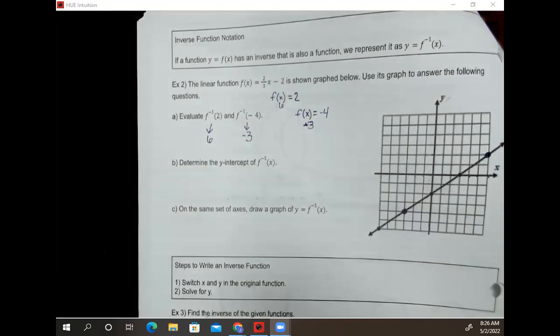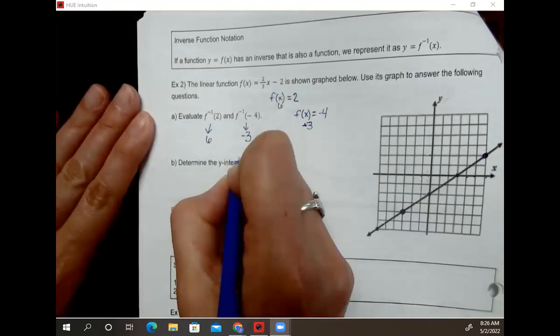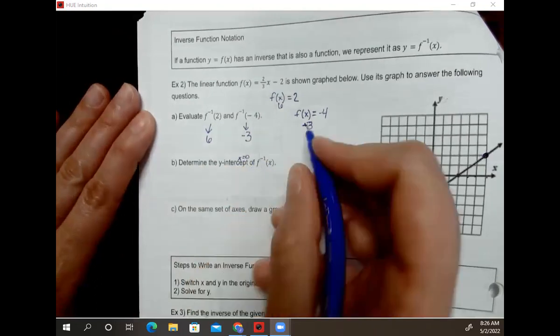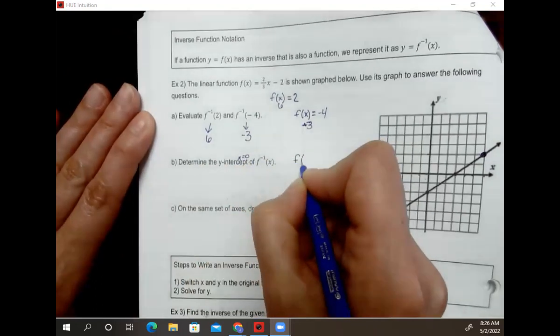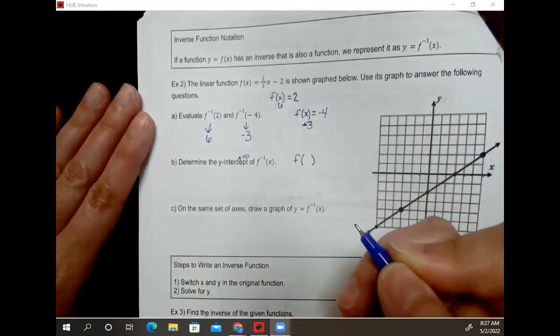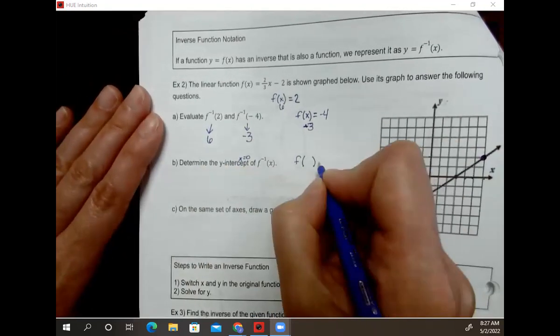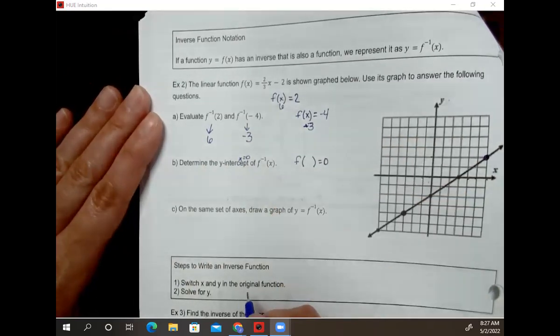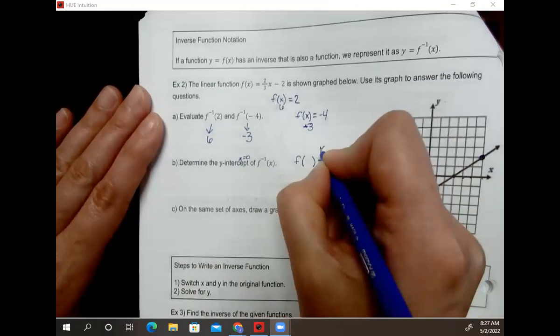Part B, determine the y-intercept of the inverse function. So the y-intercept happens when x equals 0. So we're looking for that for the inverse function. Now remember, for our original function, that means that we would be looking at when y is equal to 0. So I would be looking for the x-intercept.